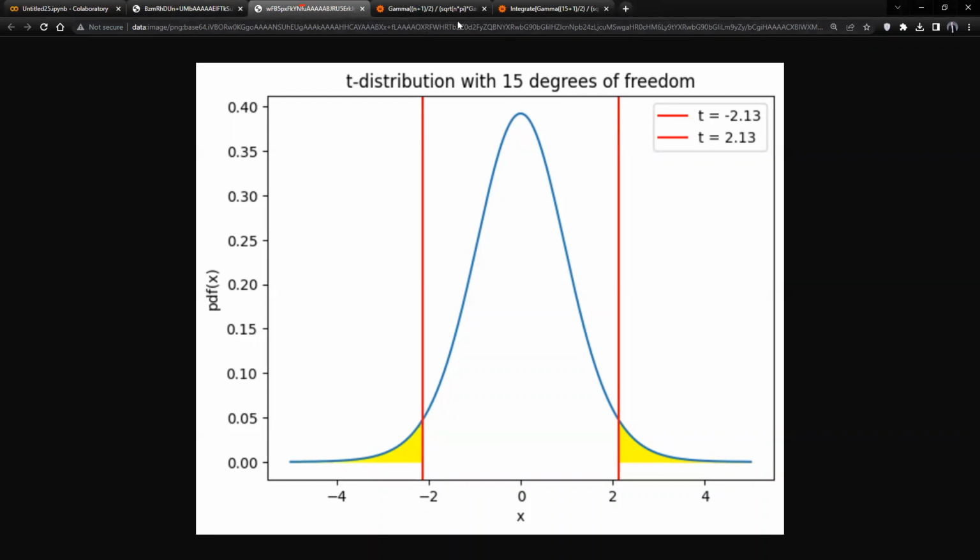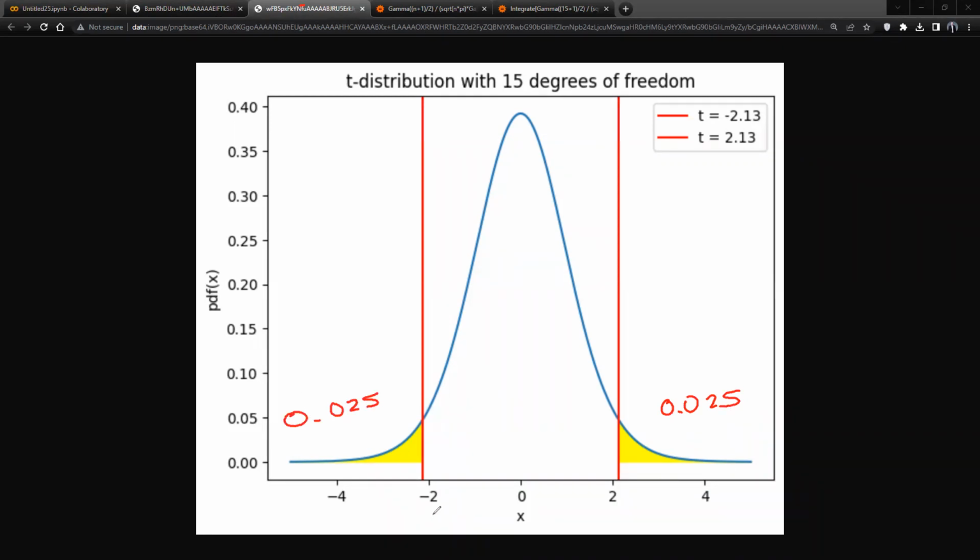Okay, so now in between these two, is that going to be right? Yeah, that's right. So in between these two will be 95% of the area. So over here we know that this area is 0.025, and this area is 0.025.